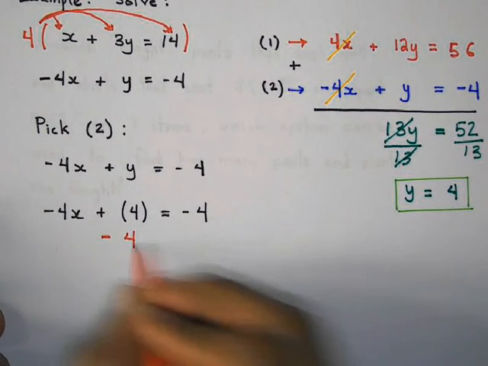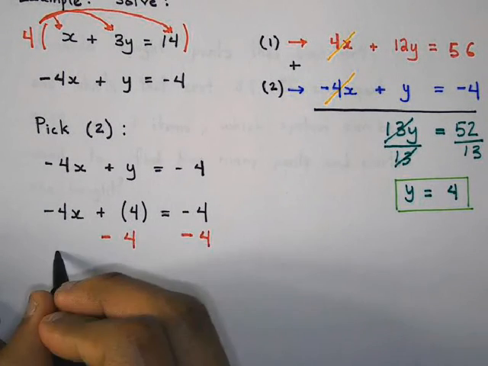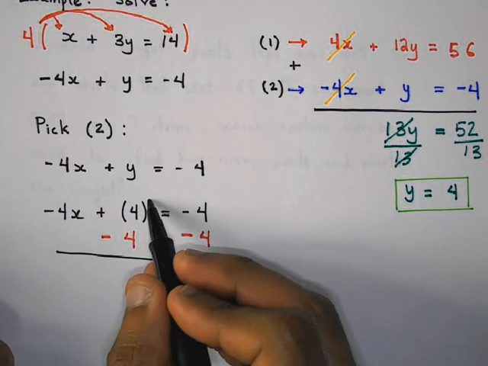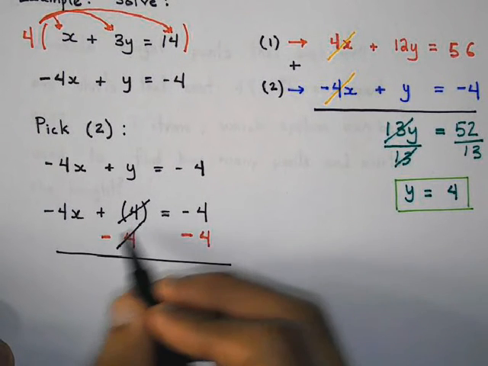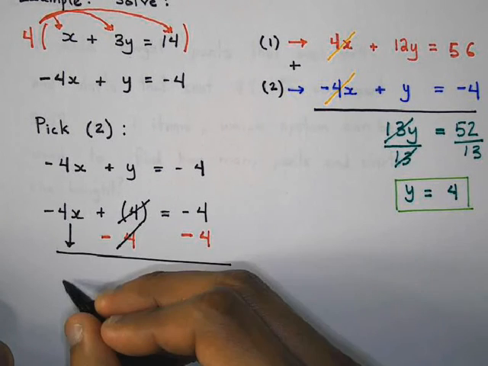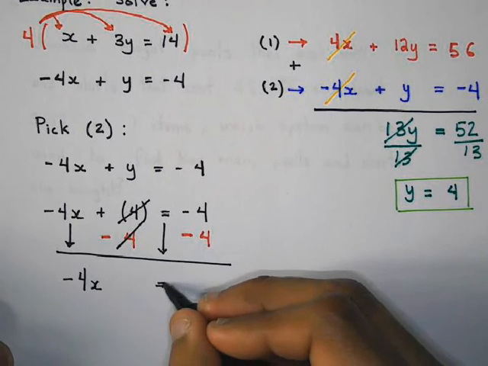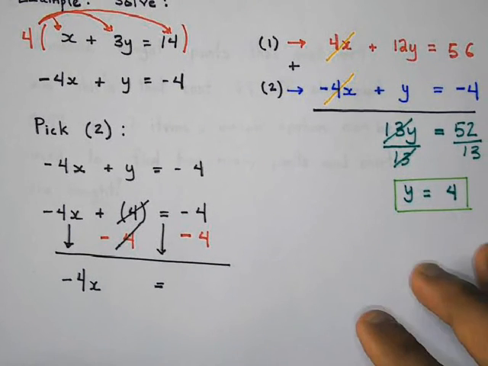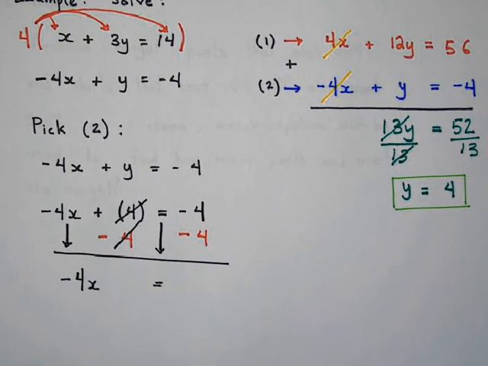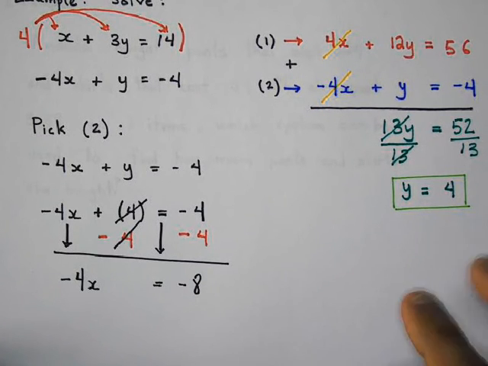So I'm going to take away 4 on both sides. The 4's here are going to cancel out. I'm going to drop this negative 4x down, drop the equal sign down, and now I have negative 4 minus 4. Well, negative 4 take away 4 is simply negative 8.